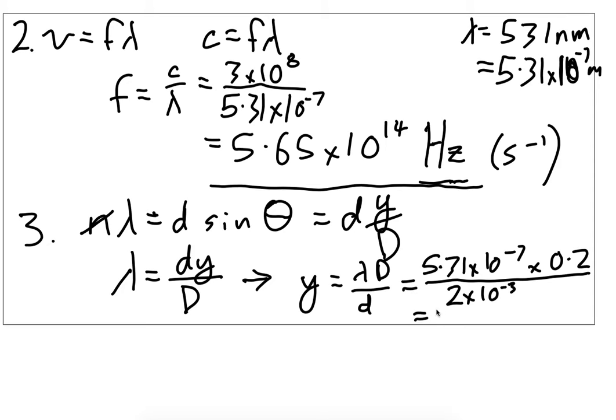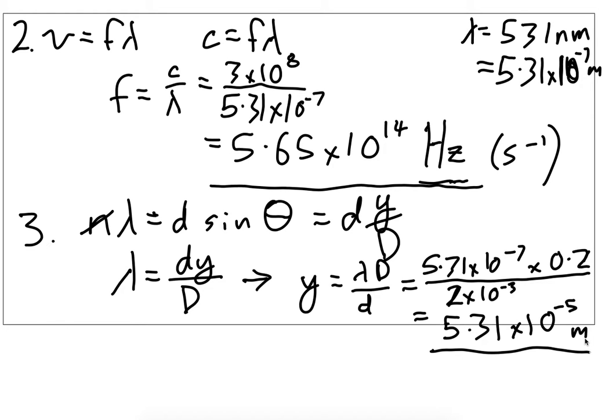And overall that's going to give us 5.31, again because that 2 and that 2 are going to cancel, but there's a difference of 2 orders of magnitude. It ends up being 5.31 by 10 to the minus 5 meters is the distance between those two bands.